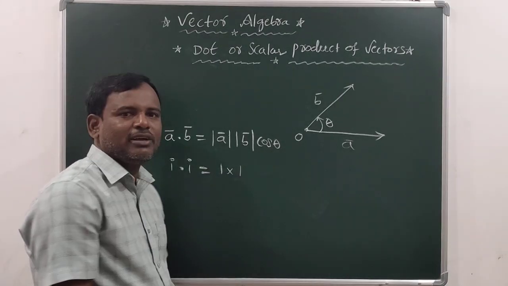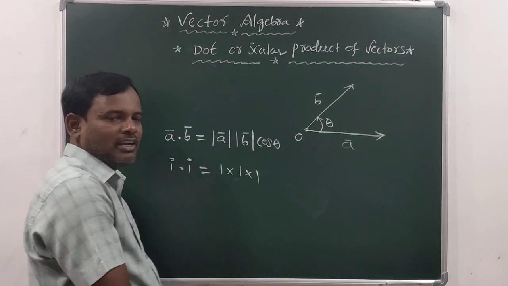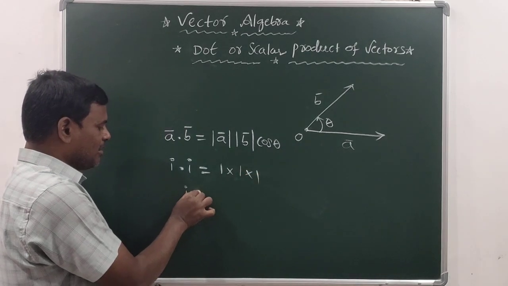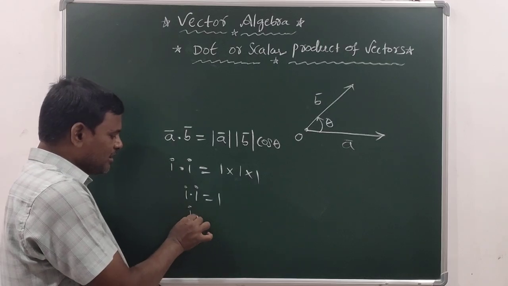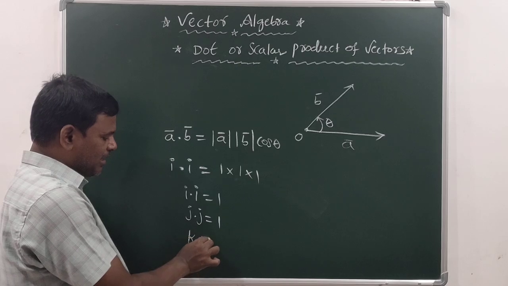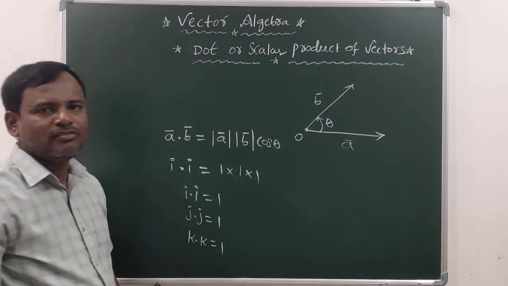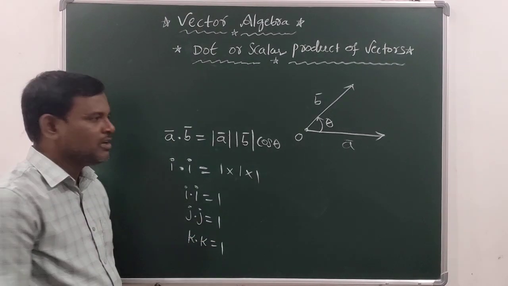If you put theta equal to 0, cos 0 is 1. Hence i dot i is equal to how much? 1. In the same manner, j dot j is equal to 1. k dot k is also equal to 1. I hope you have got it.